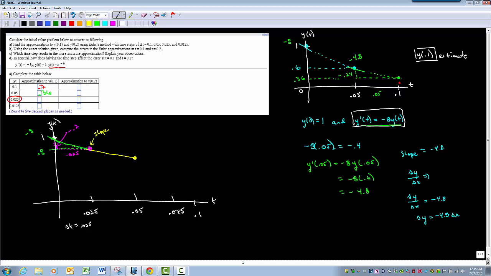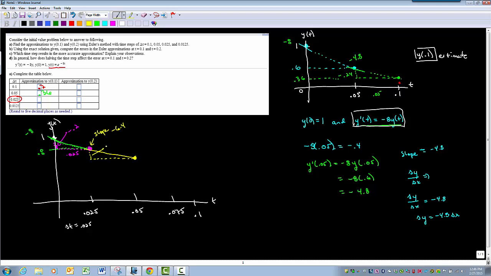Well, the y value is 0.8, so it'll be negative 8 times 0.8, or negative 6.4. We take negative 6.4 and multiply it by the distance over, 0.025, and that gives us the distance down, negative 0.16.